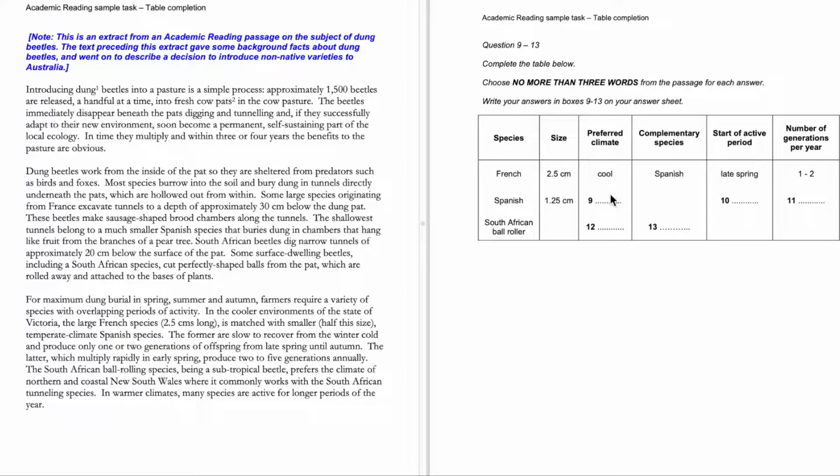So we'll go to the first question, which is question number 9, and we're gonna review preferred climate for Spanish. I'm not gonna highlight this word Spanish, but we're gonna try to find it here in this text, and find any information about Spanish species and their preferred climate.